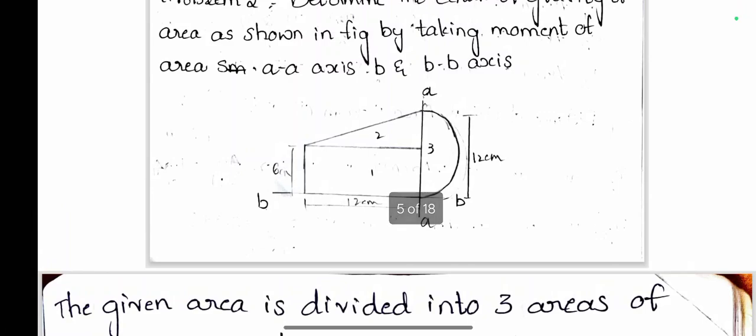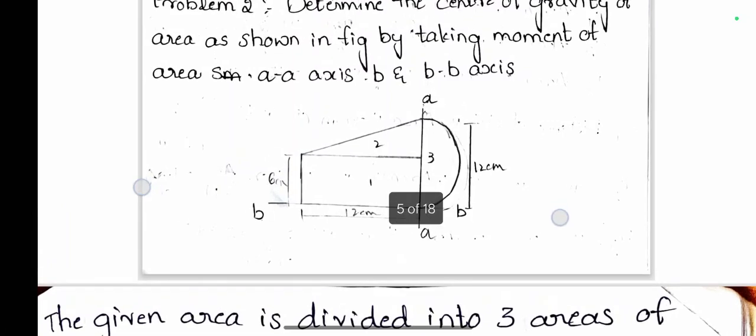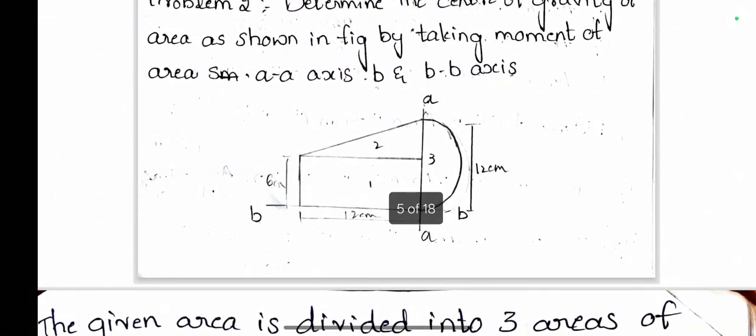If not fixed, we will take the extreme left and extreme bottom as references. Here also, first we divide it into three geometric plane figures, 1, 2 and 3. First one is the rectangle, second one is the right angle triangle, third one is the semicircular.